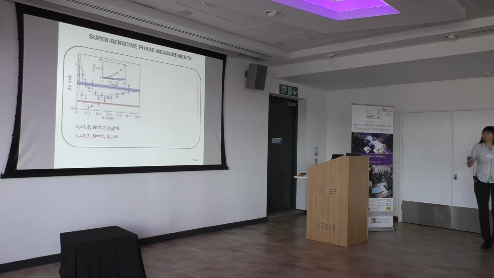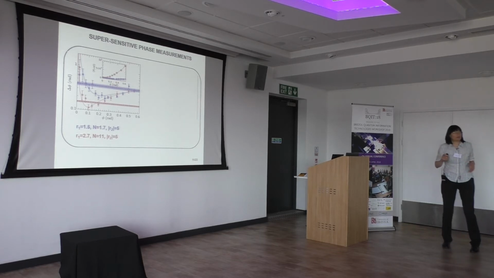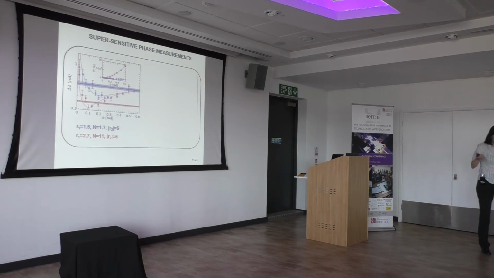These are the results. First, we consider the situation where we change the parametric gain of the first crystal and keep the second parametric gain constant. The numbers of photons in the interferometer were about 2 and about 11, which is not a lot. I should explain, of course, that all this technique works at low photon numbers so far.